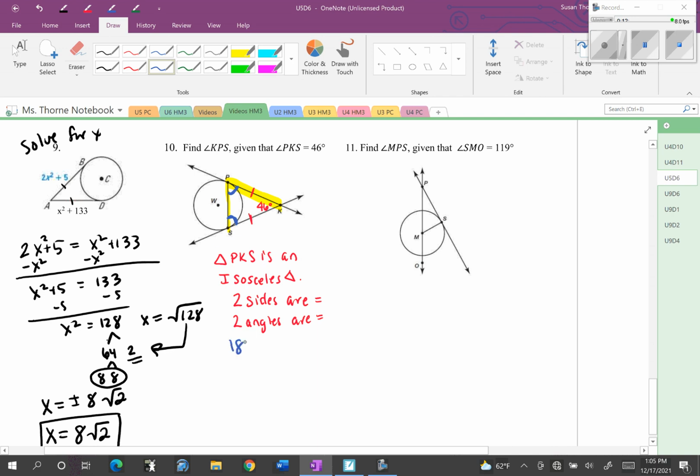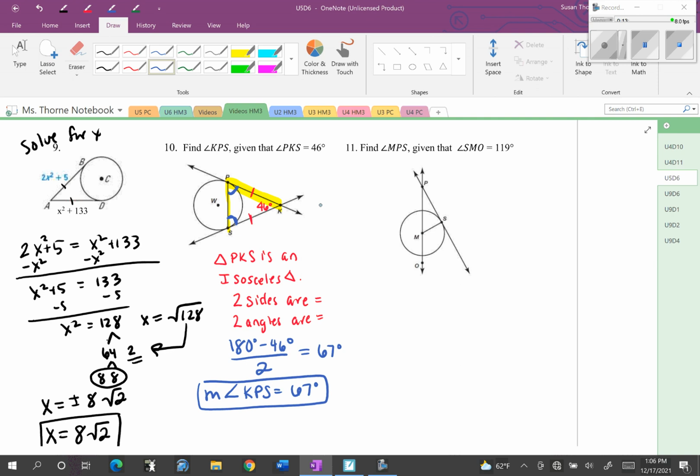So if we have 180 degrees minus 46 degrees, and we divide that by 2, that should give us our answer. So those angles are 67 degrees. So the measure of angle KPS is equal to 67 degrees, which also means that, of course, PSK is also equal to 67 degrees.